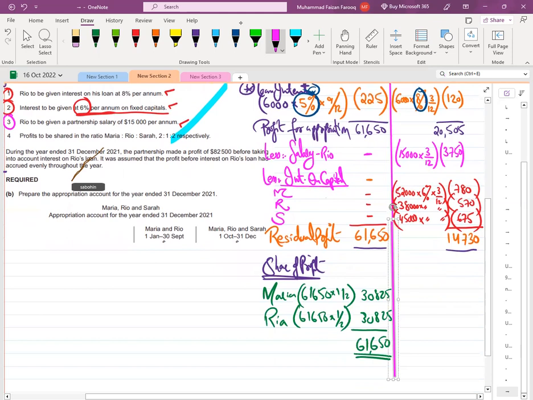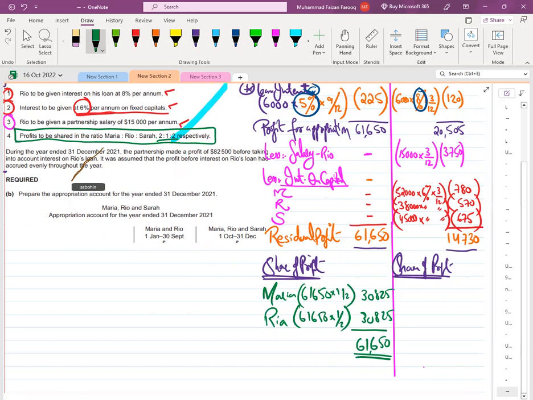Then the next 3 months period, when we had Sarah with us, they said the profit to be shared, and after they made a proper agreement, note number 4, they gave you the ratio for Maria, Rio, Sarah: 2:1:2, which means total 5.